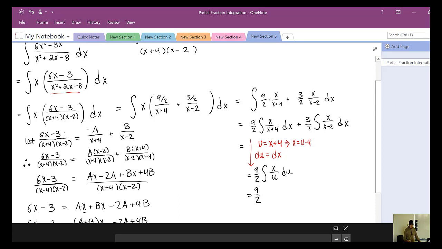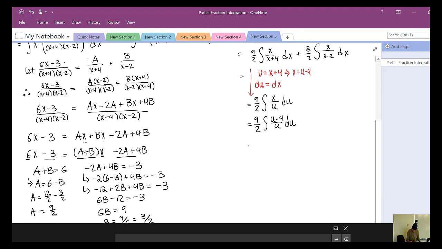And we get the integral of u minus 4 over u du. Again, if I break up the numerator along the addition sign, it becomes u over u, which is 1, minus 4 times 1 over u du.